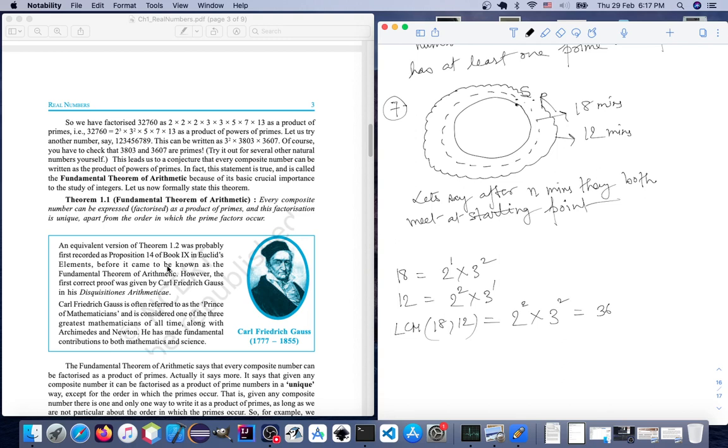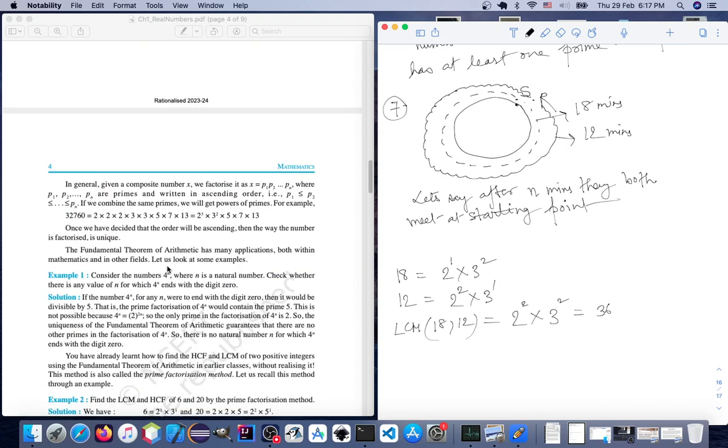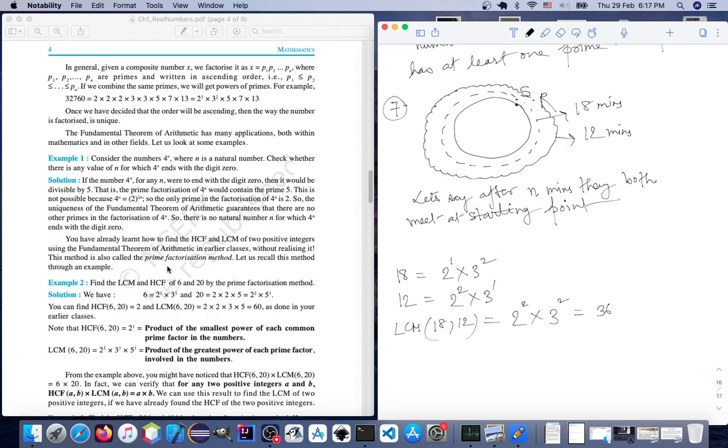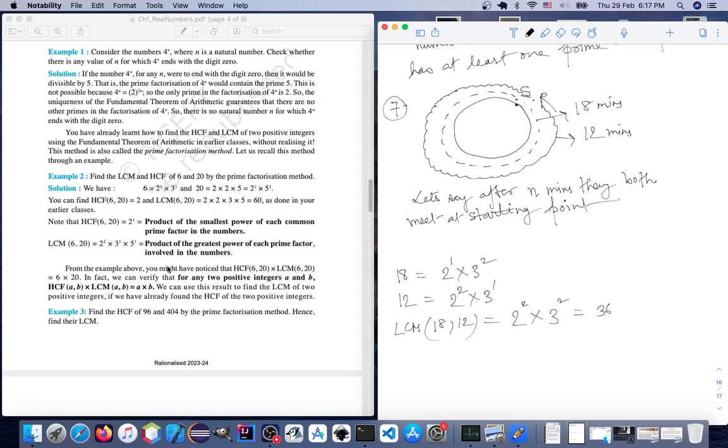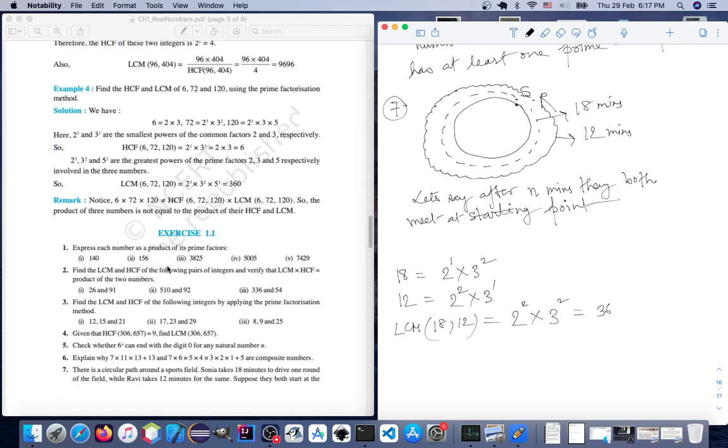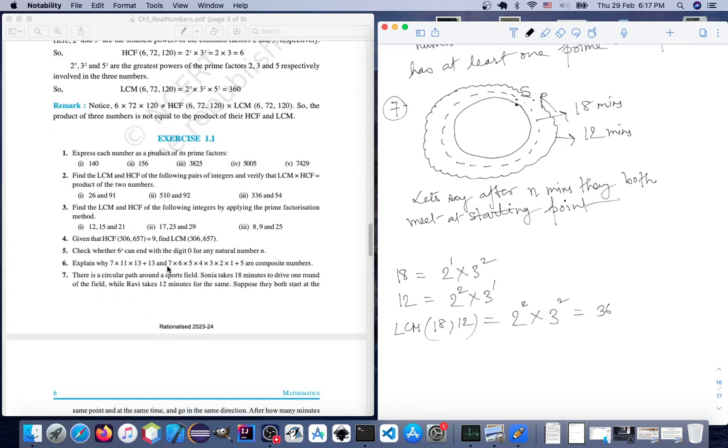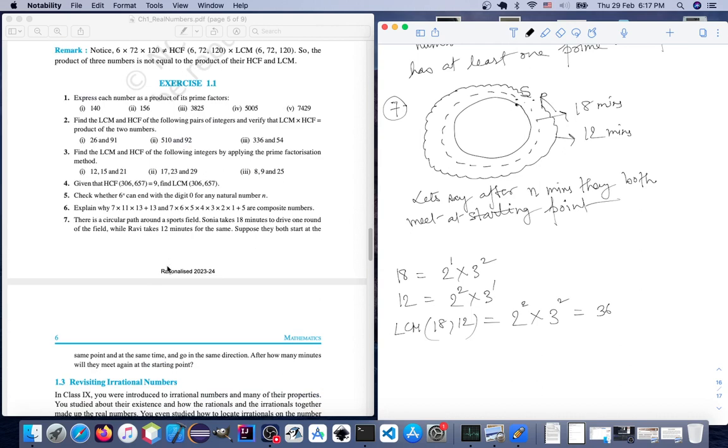That is, the fundamental theorem of arithmetic can be used to find the HCF and LCM of multiple positive integers. And we have discussed the solved examples, and we did exercise 1.1 even though I couldn't properly solve problem number 7.